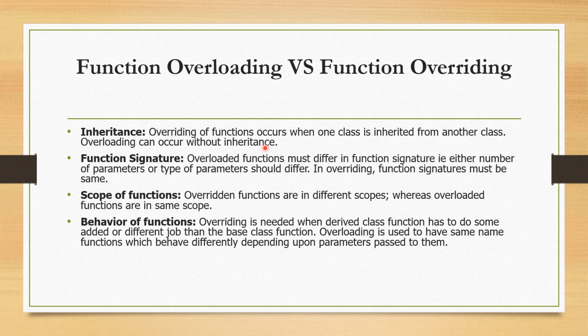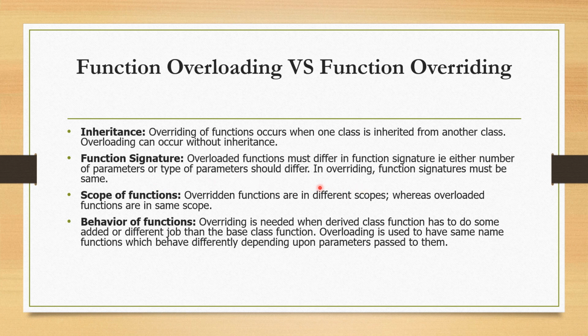And the second point, that is function signature. Signature means the number of parameters and the type of parameters. So overloaded functions must differ in function signature, that is either the number of parameters or the type of parameters. As we have discussed earlier also, in the case of function overloading we were having a different number of parameters in one case, and in another we were having different types of parameters.